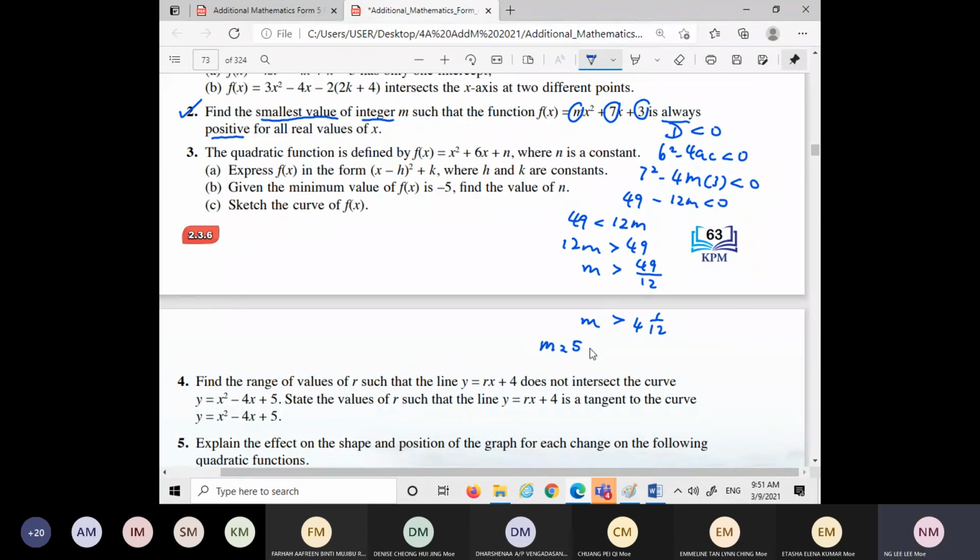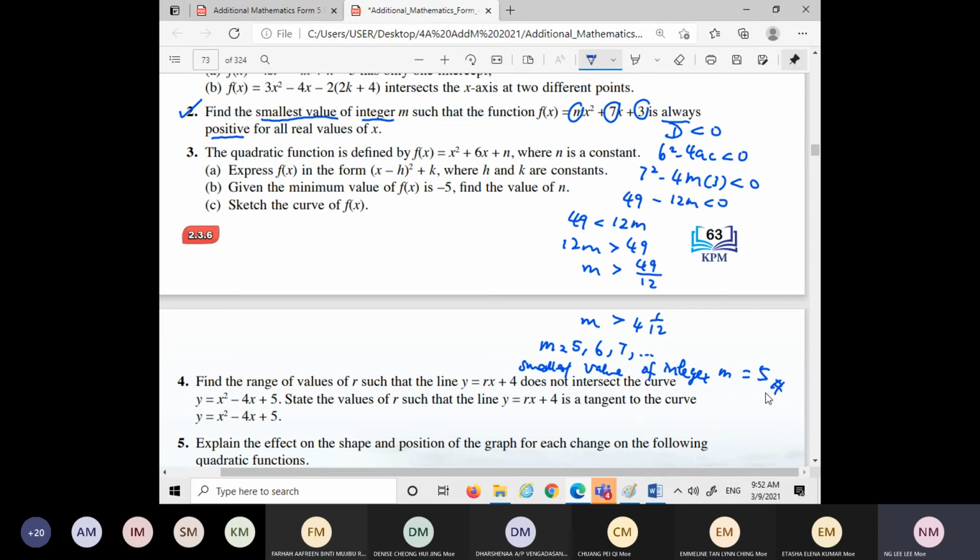If m is an integer, it can be 5, 6, 7, and so on. That's why they ask for the smallest value. So the smallest value of integer m will be 5. This is the final answer, 5.